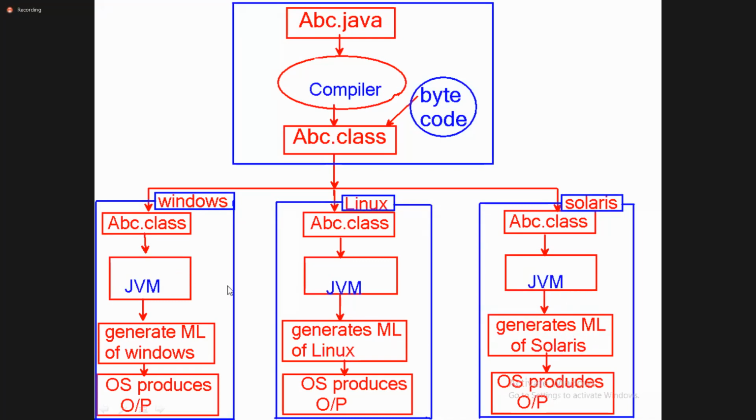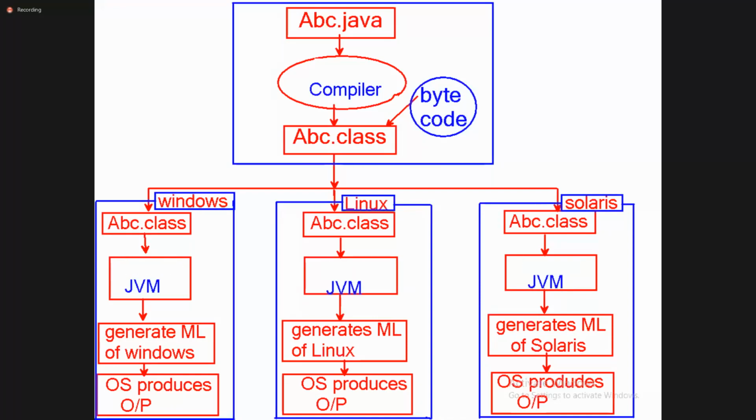Then how can a single JVM work separately for every operating system? Do you understand my point? Can you have a single JVM for all operating systems or a separate JVM for every operating system? Separate JVM for every operating system. This JVM is only for Windows. The second JVM will work only for Linux. The third JVM will work only for Solaris. Now answer my question. Look at there. Compiler is common to all operating systems. It is a Java compiler.